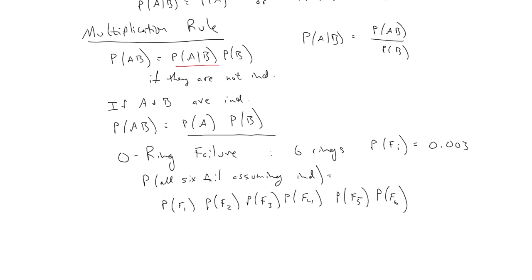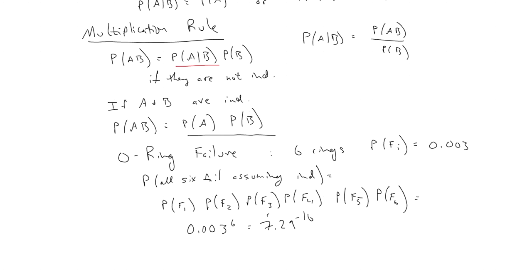Since they're all the same, this simply equals 0.003 to the 6. You can see when you have small probabilities that very quickly it becomes a very tiny probability. 0.003 to the 6 is 7.29 times 10 to the negative 16.